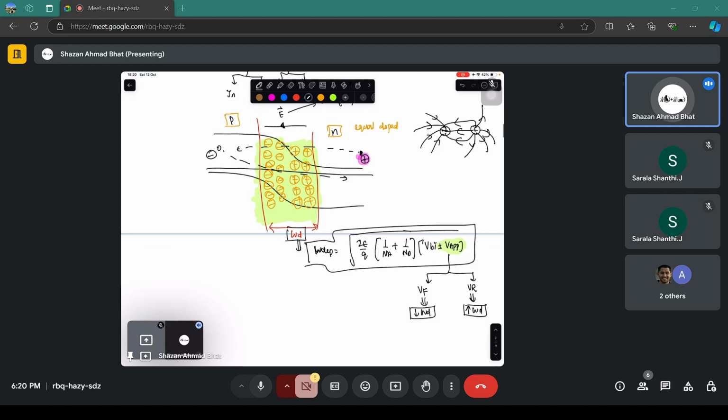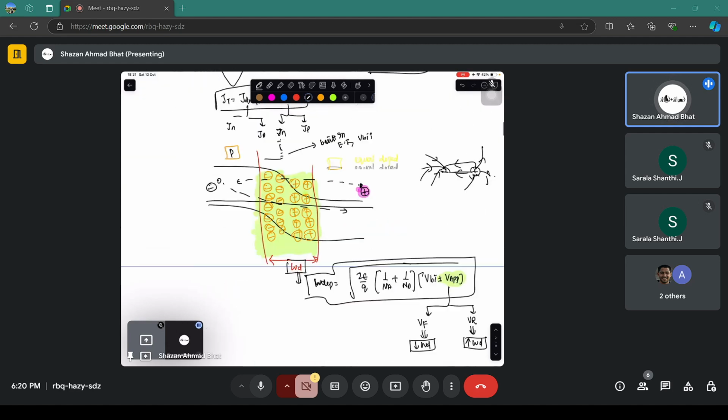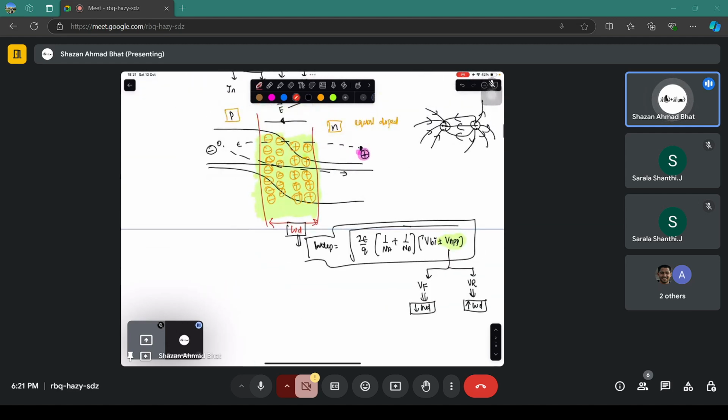So what is the case today? What is basically the scenario going to be today? Anything which is due to the built-in electric field, if you do something to this particular scenario, let's say you have this particular device and you bring in an external perturbation. You perturb the medium.